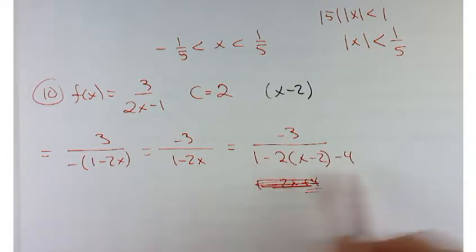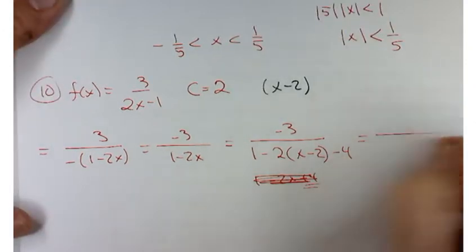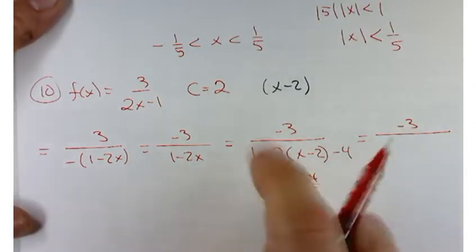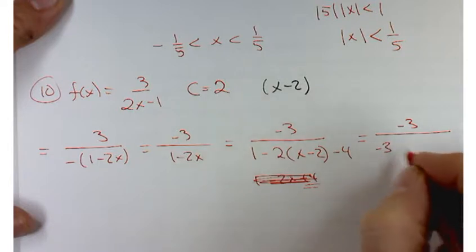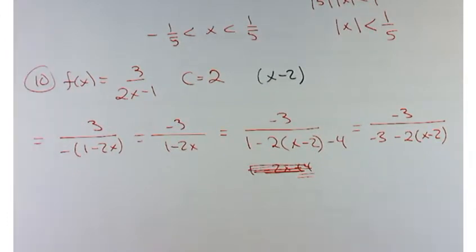These are like terms, so I can combine those. That becomes negative 3, and then negative 3 minus 2 times x minus 2. Okay, still headed in the right direction.